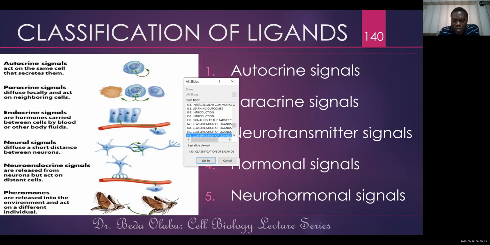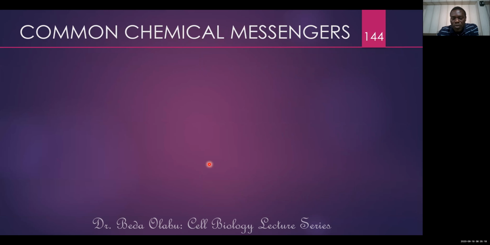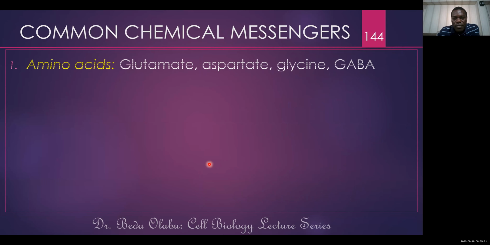Right, so the last thing I want to do is to give you examples of common chemical messengers as we finish. You can have chemical messengers which are amino acids. Usually there are 4 major amino acids which are used as chemical messengers in the body: glutamate, aspartate, glycine, and what we call GABA.